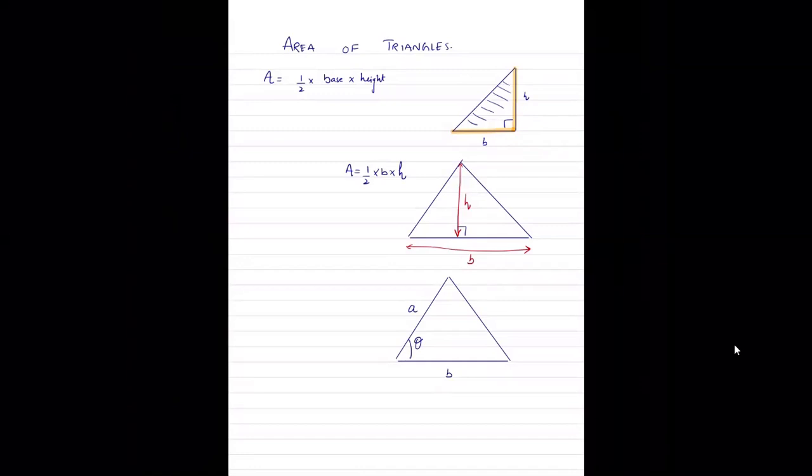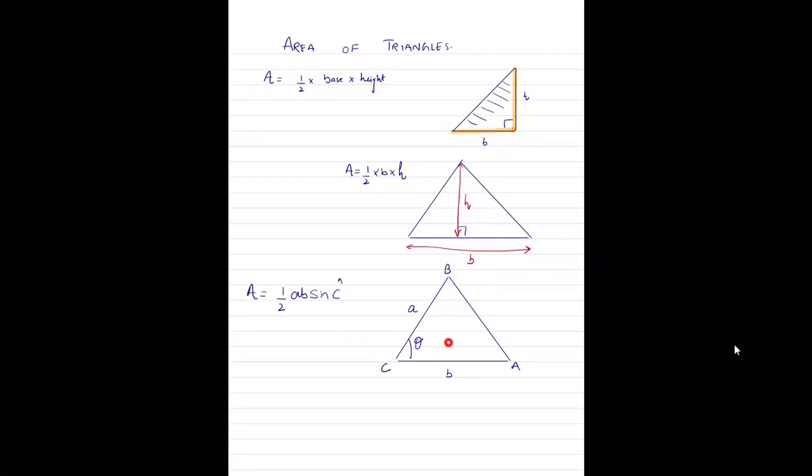To find the area of such triangles, we have a new formula, and that formula for finding the area of the triangle is half times the product of AB sine of angle C. So basically, if this was point A, this is point B, and this is point C in a triangle, the side opposite to point A is denoted as small a.